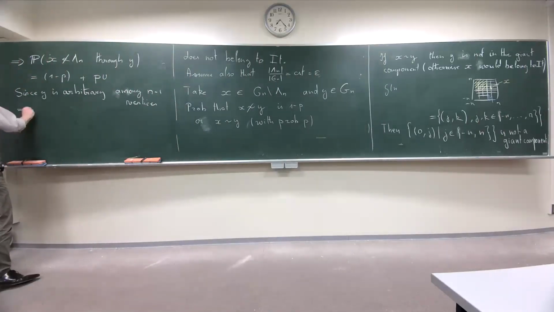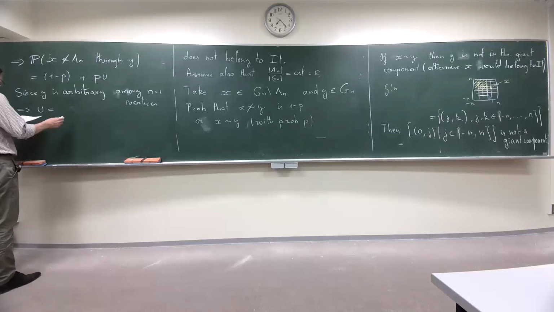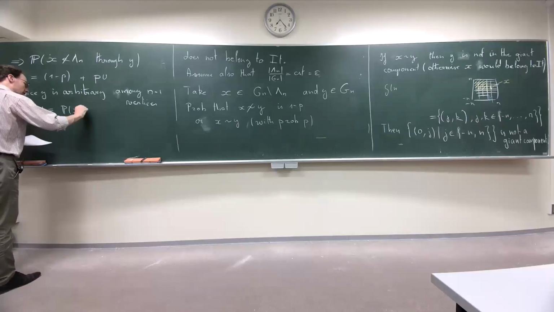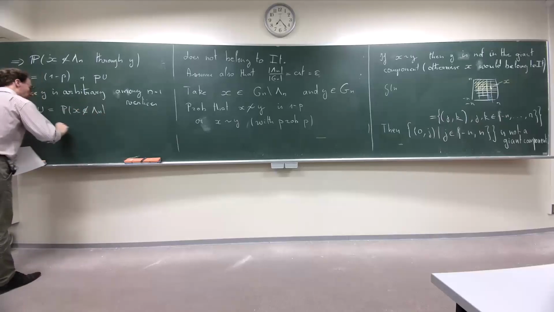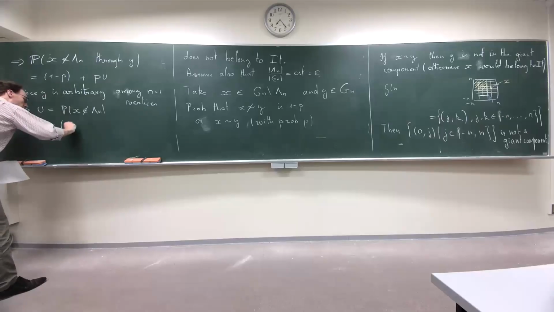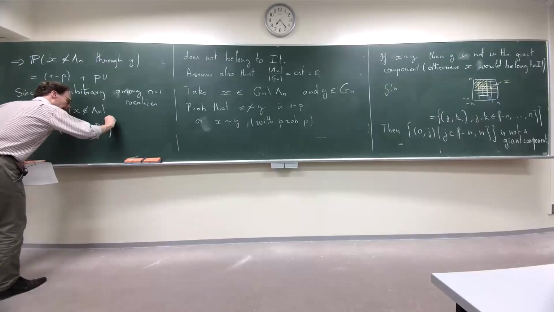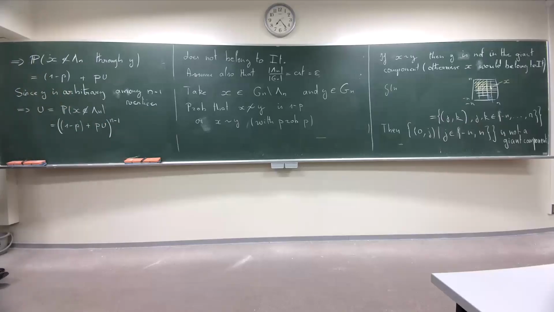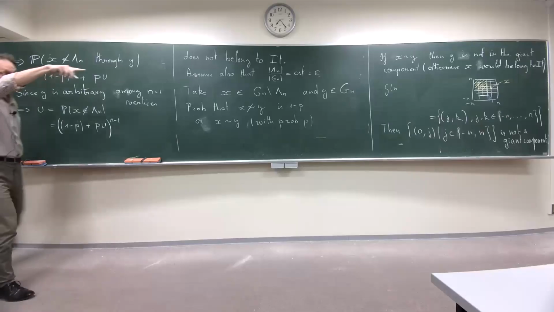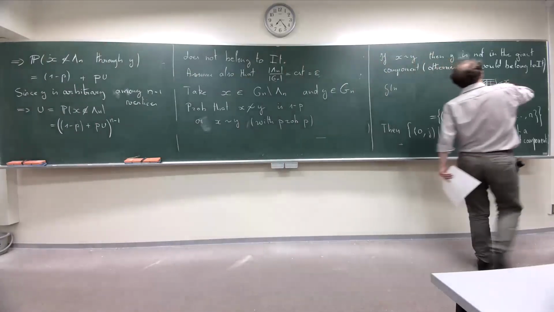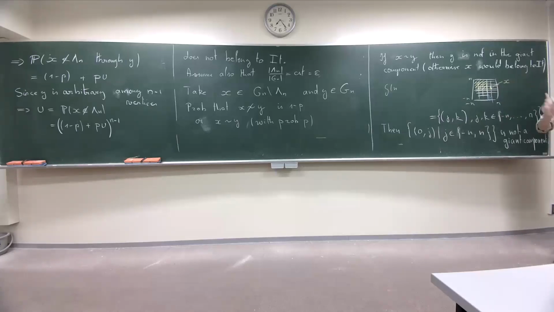So what does it imply? It implies that U, the probability of not being in the giant component, is equal to the probability of X not in Lambda n, which is (1 minus P plus PU) to the power n minus 1, because all edges between X and Y are independent.